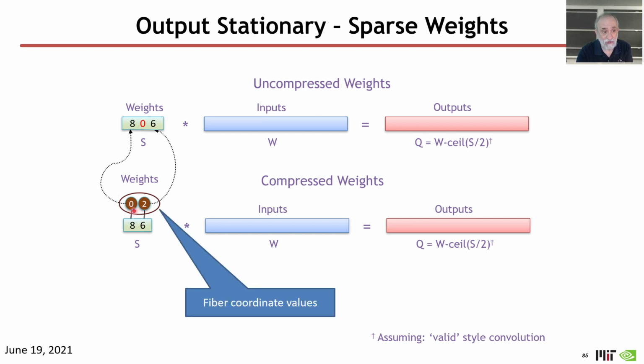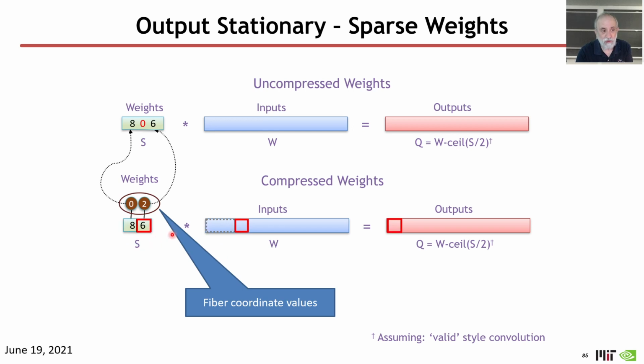So my computation is going to rely on these fiber coordinates and their values, and I still have a window of input activations that I care about, and I can work on the first weight being at coordinate 0 and work on the corresponding spot in the window.